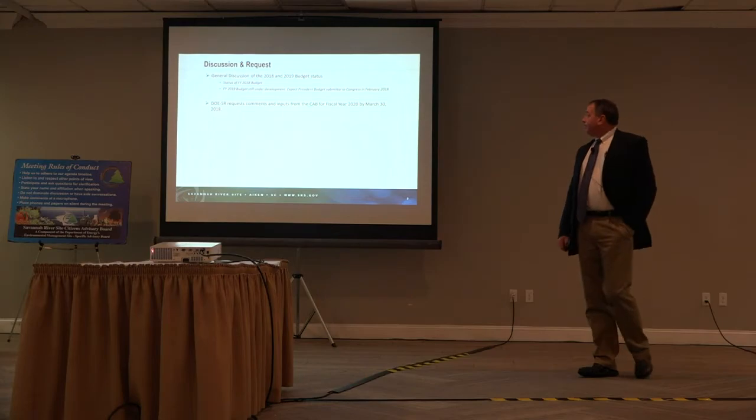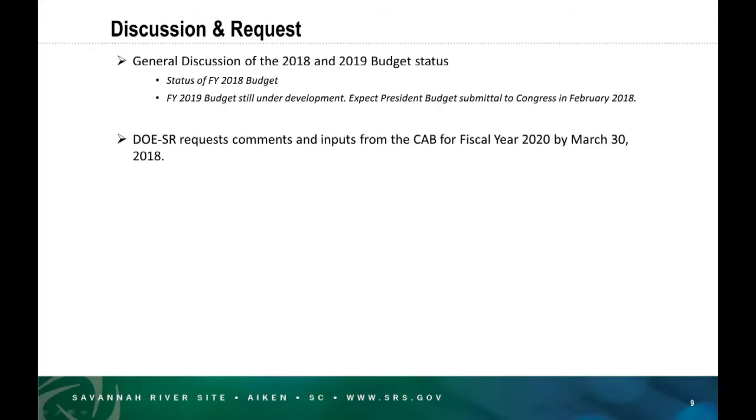So where are we now? We all know where we are with fiscal year 18. You've all seen the news. We've got a temporary spending bill through February 8th, so we got another little over 2 weeks of funding to come to the site. Fiscal year 19, we have submitted our 19 budget to headquarters. There's been a lot of discussion between the site and headquarters on what our fiscal year 19 budget is.